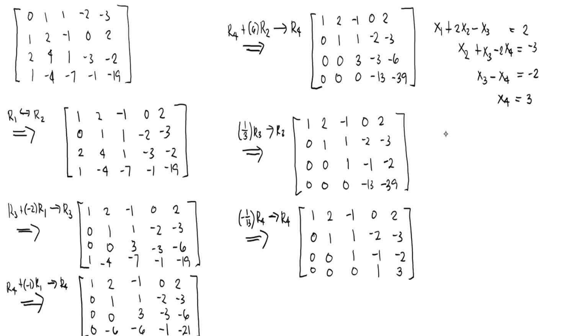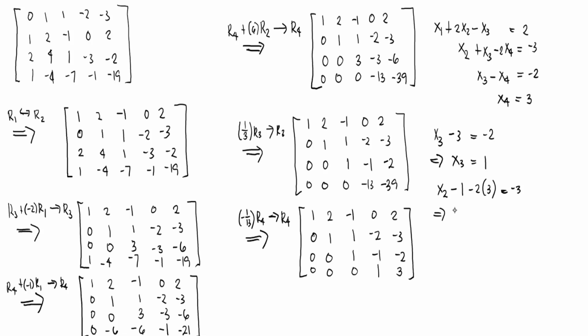Again, to solve this, we'll use back substitution. So we substitute this value of x sub 4 here. So we have x sub 3 minus 3 equals -2, which implies that x sub 3 is equal to 1. Also, we substitute these values of x sub 3 and x sub 4 to the second equation to get x sub 2. So this is 1 minus 2 times 3, which is equal to -3.